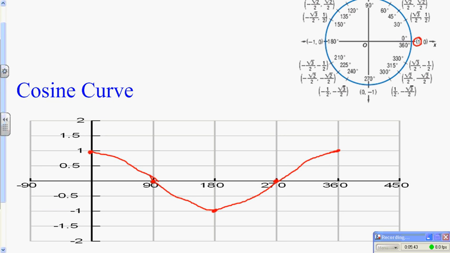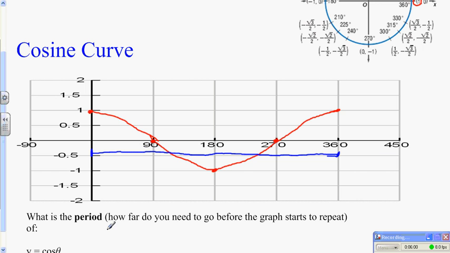So we ask the same question again. What is the period of cosine? Well, it goes from here, it crosses over, becomes negative, because cosine is negative in the third and fourth quadrants, and then back up to 0 here. So again, the period of cosine is also 360 degrees, or 2 pi, before it starts repeating. Again, if I continue this on, it would follow the same pattern.